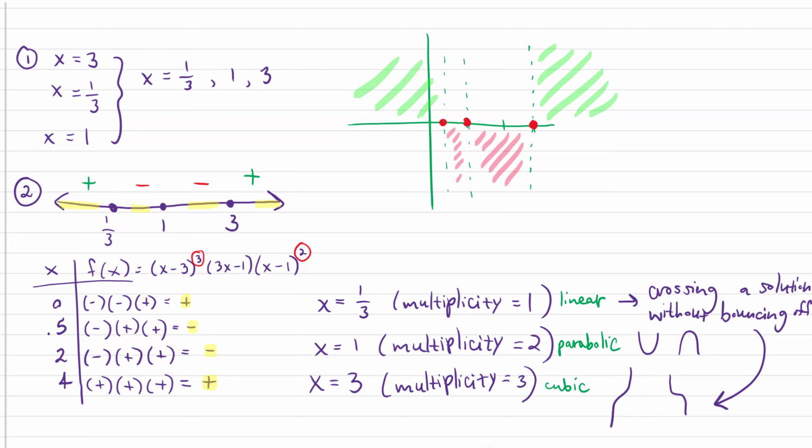It just crosses one time. And if you zoom in, it resembles more of a linear curve rather than parabolic or cubic. So then we can have a graph that's doing something like this, for example, or like that. But we know it just crosses once. But let's move on to the next solution here of +1.